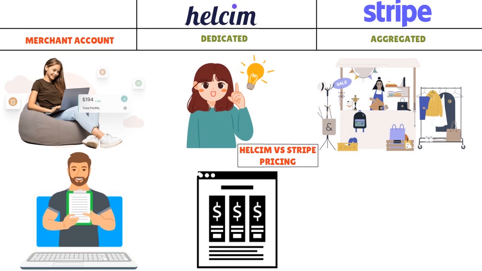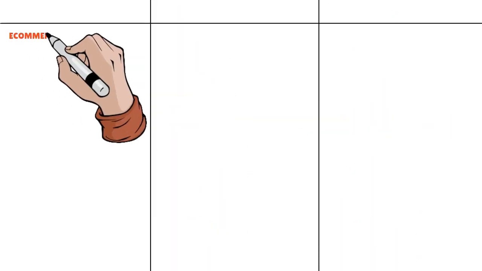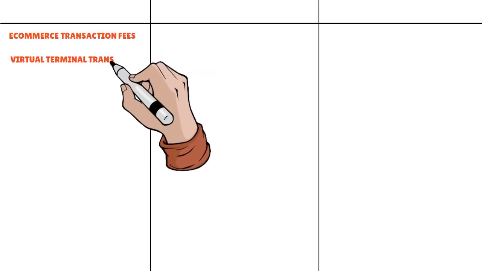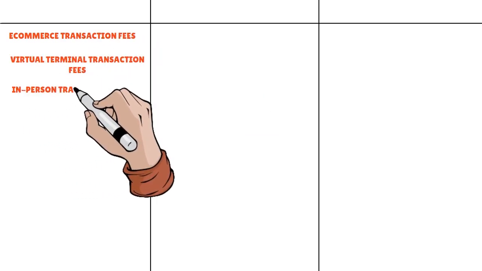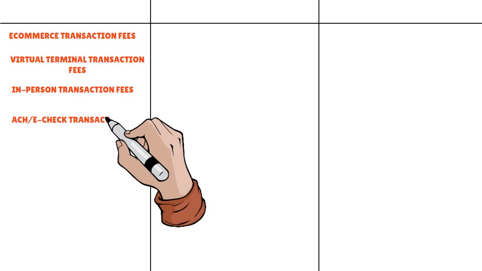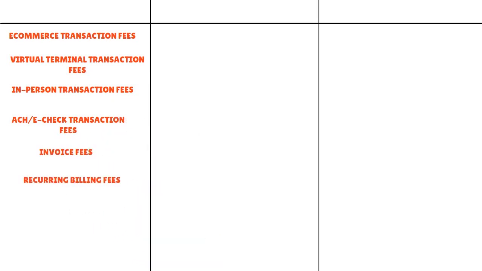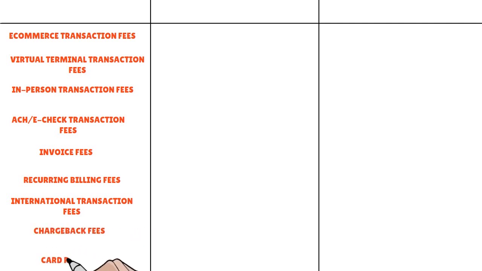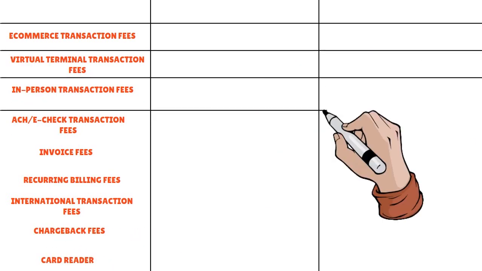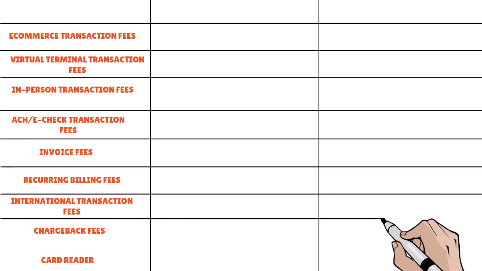really pay attention to: e-commerce transaction fees, virtual terminal transaction fees, in-person transaction fees, ACH e-check transaction fees, invoice fees, recurring billing fees, international transaction fees, chargeback fees, and card reader. So let me first talk about e-commerce transaction fees.